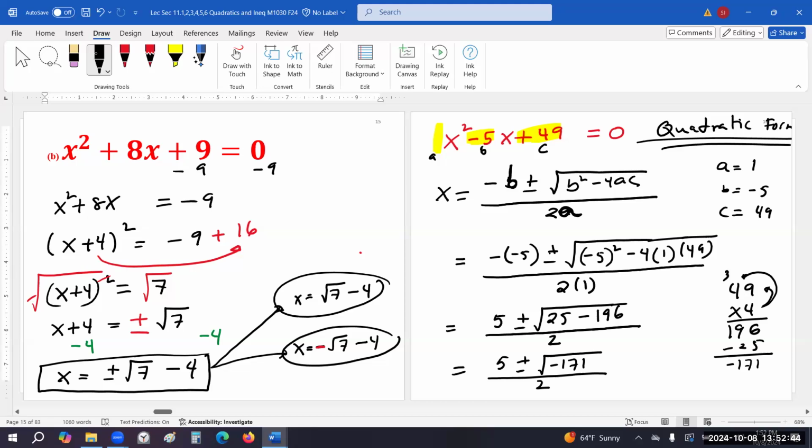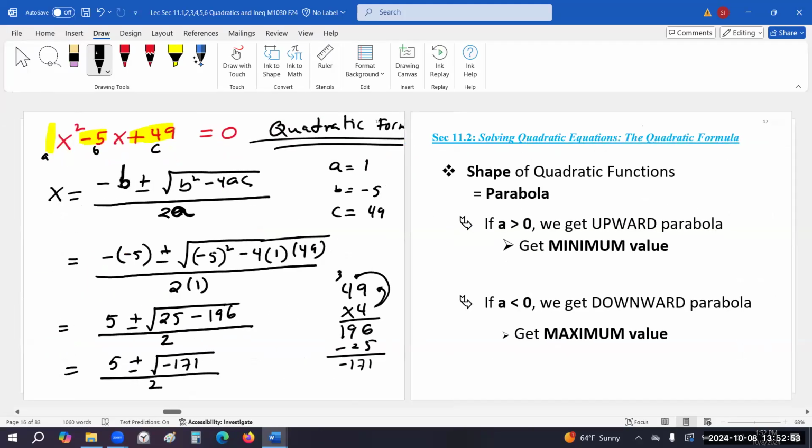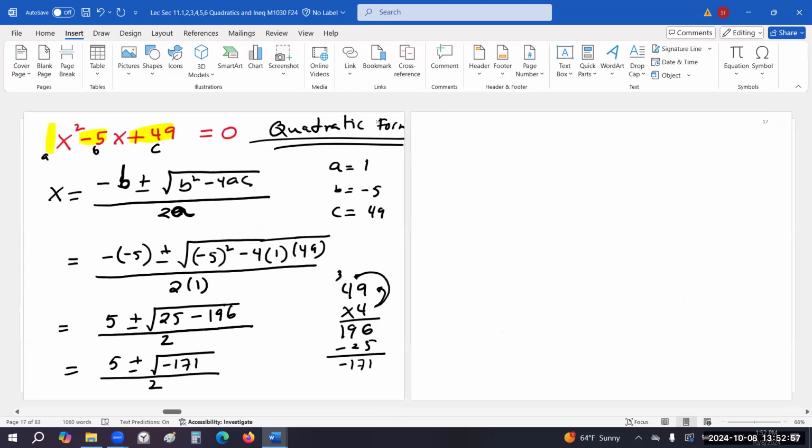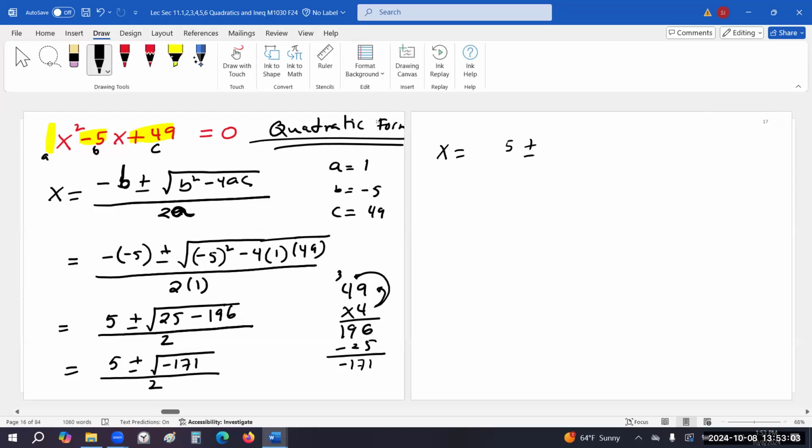It's negative 171. Oh, it's subtracted, 25 minus 196. So will we leave it like this? Of course not. We have a negative, right? Anytime we have a negative, you must bring it outside. Since we have a negative, what is the square root of any negative number?